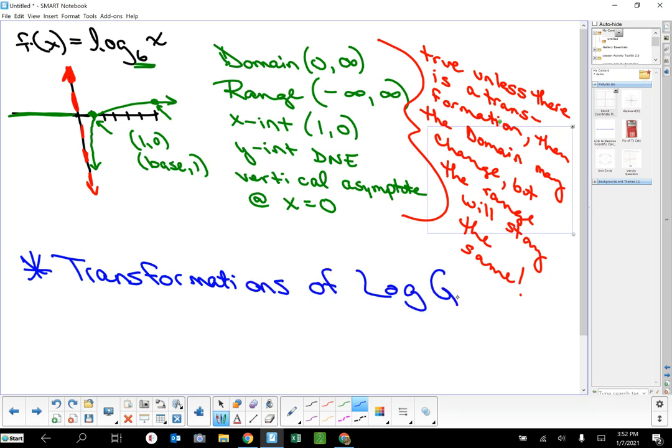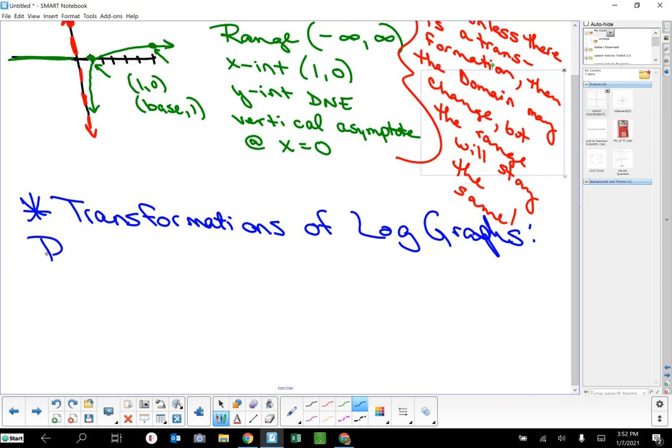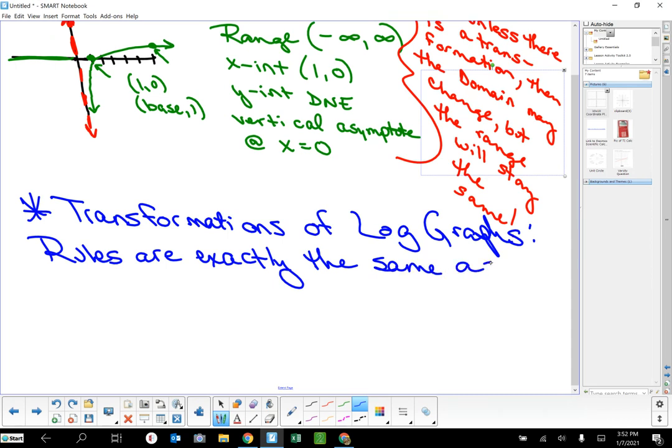log graphs. And the rules for these are exactly the same as exponential graphs. So I'm not going to list those again.